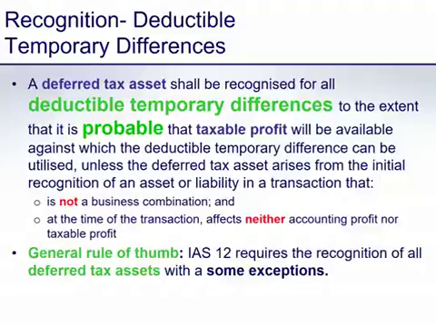However, IAS 12 does impose an additional restriction on the recognition of a deferred tax asset. A deferred tax asset can only be recognized to the extent that it is probable that taxable profits will be available against which the deductible temporary difference can be utilized in future periods. We will revisit this again in a little bit more detail a little bit later on.